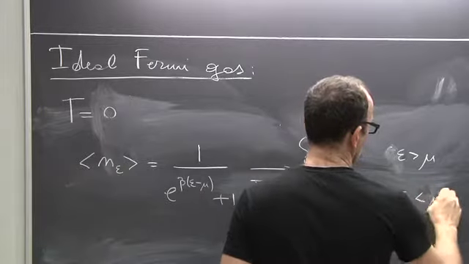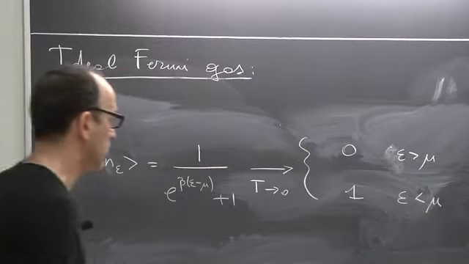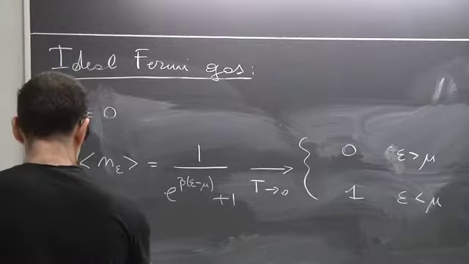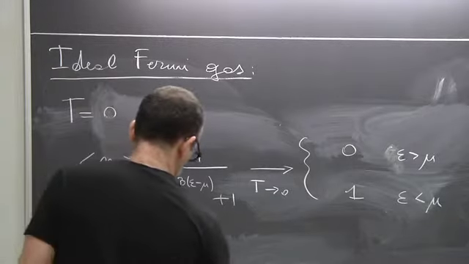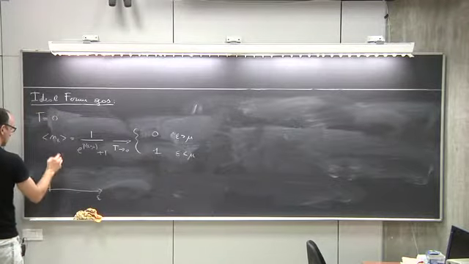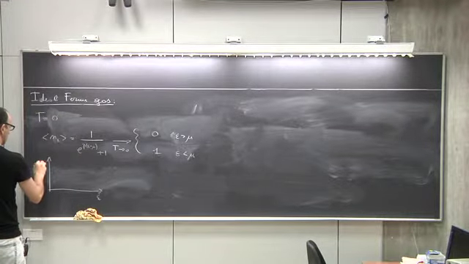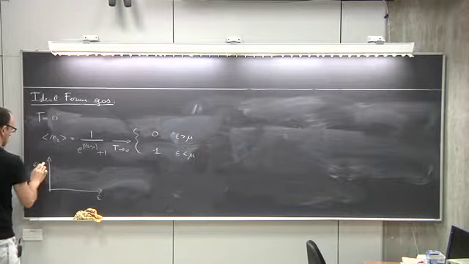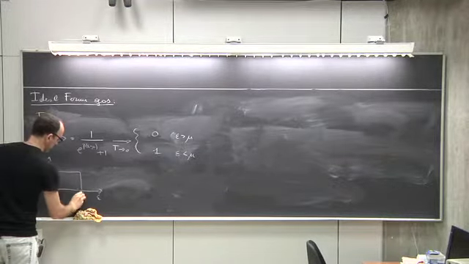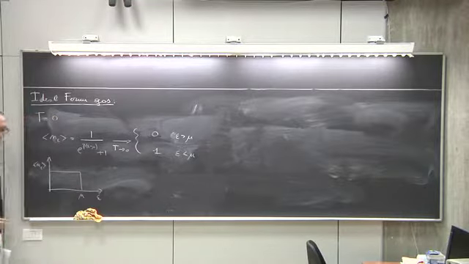Less than mu. Okay, so you see the occupation number becomes a step function. So this occupation number, as a function of the energy of the level, is a simple step function at mu.